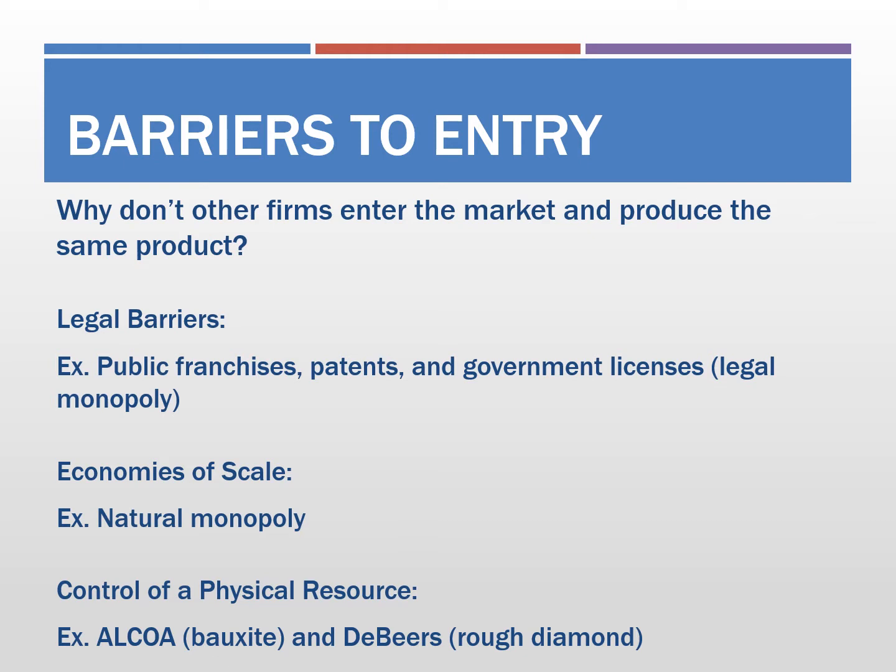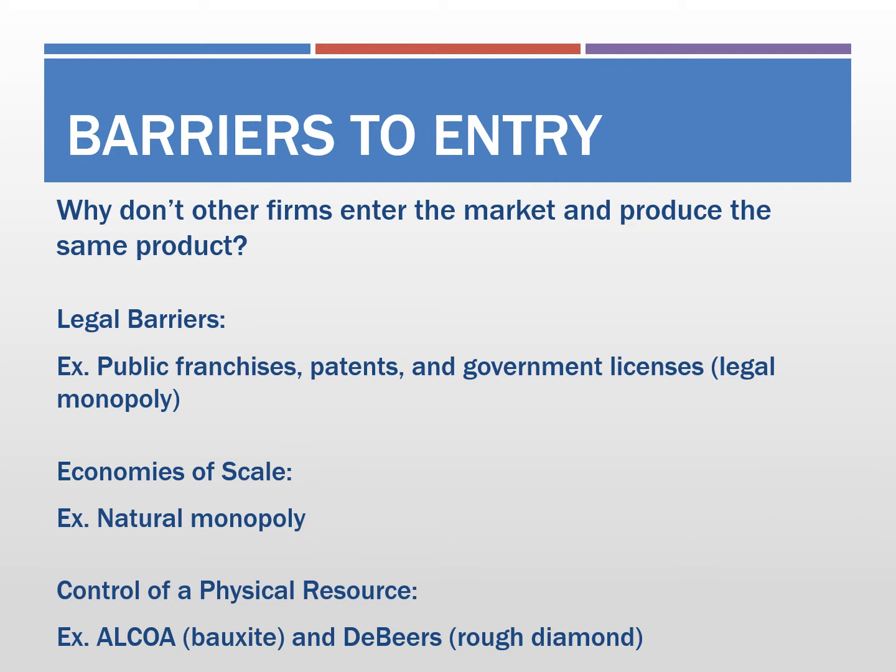Similarly, in the history of the world, there are two very famous cases of controlling physical resources. One is the company called Alcoa, a US-based company that produced aluminum.